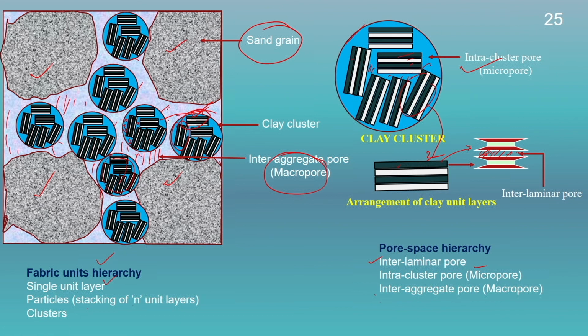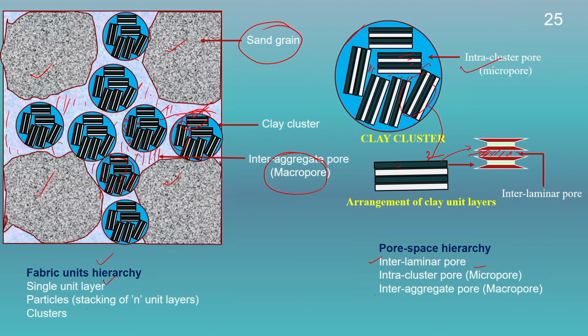When the montmorillonite starts to absorb moisture, this interlaminar pore space will increase because the water will be absorbed in here. As the interlaminar pore space increases, the volume of the clay cluster will increase. As the volume of the clay cluster increases, the inter-aggregate pores or macropores start to decrease.